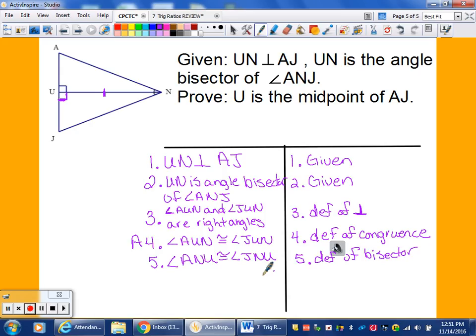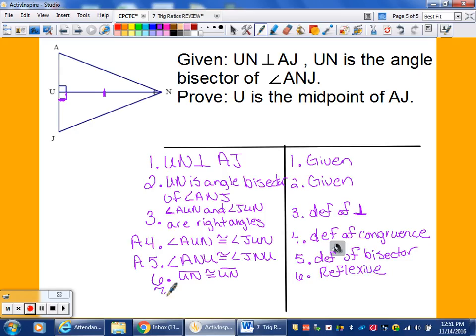Okay? So there's another angle congruence, right? The last congruence I had was the side, so UN is congruent to UN. If it's congruent to itself, it's what? Reflexive. Good.